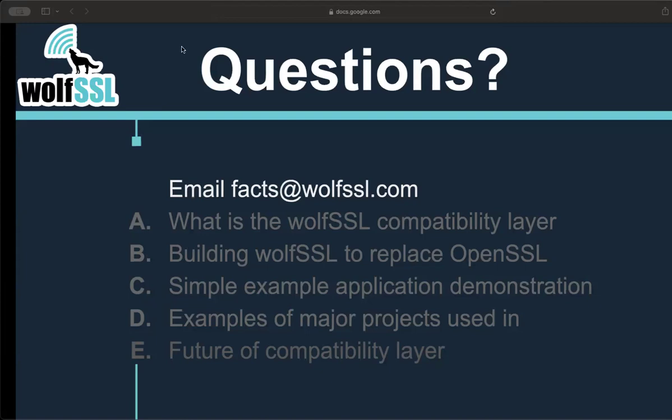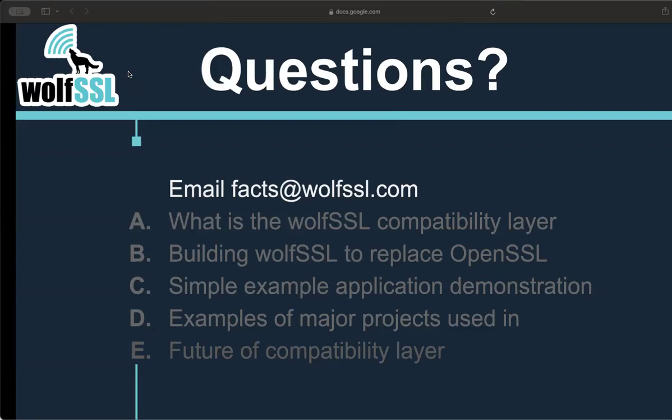Okay, perfect. And there's another question: for the compatibility component, can all versions of OpenSSL use it? OpenSSL 1.1.1? Yeah, it gets tricky in some cases. We do have an OpenSSL version macro in the header files for the compatibility layer.